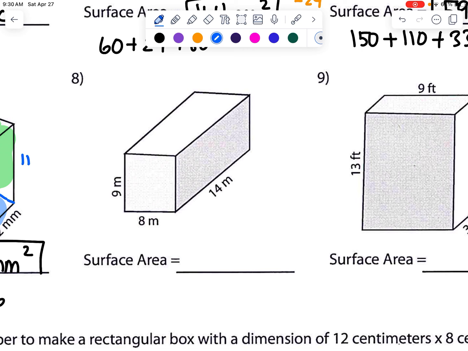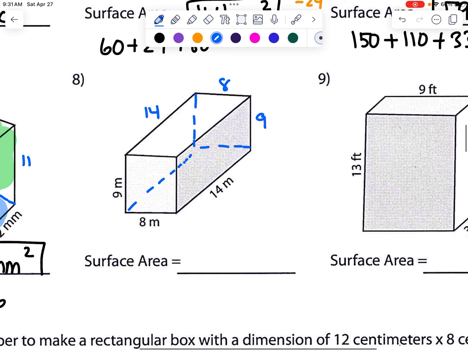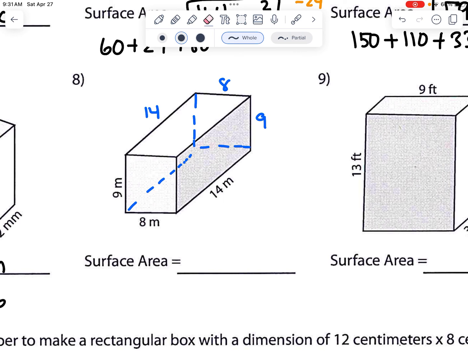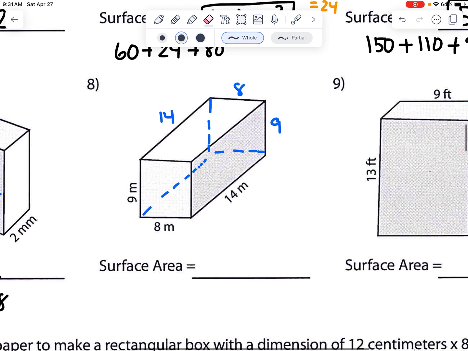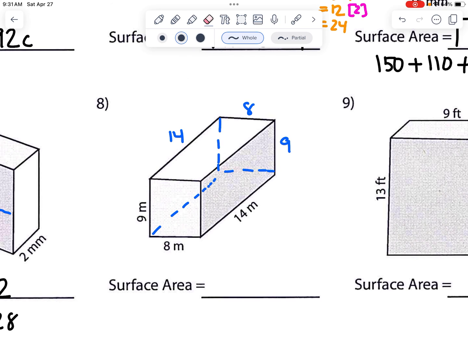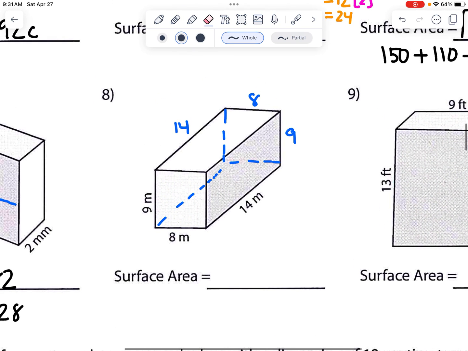Okay, so again, little dashed lines to give it its three-dimensionality. And I'm going to add in some more units so we can see it a little bit better. All right. So now let me make some space over here. So we have the bottom. Let's start with the bottom here.